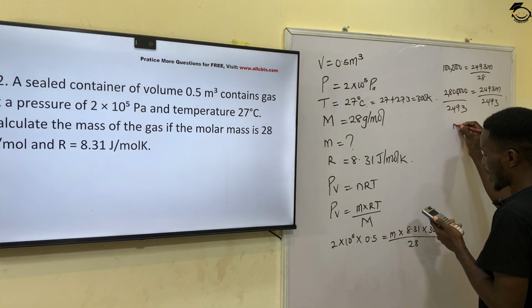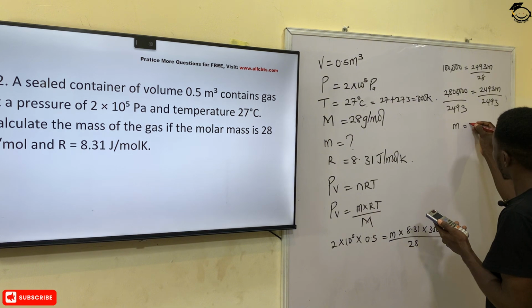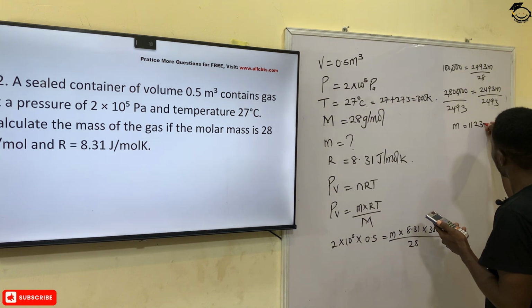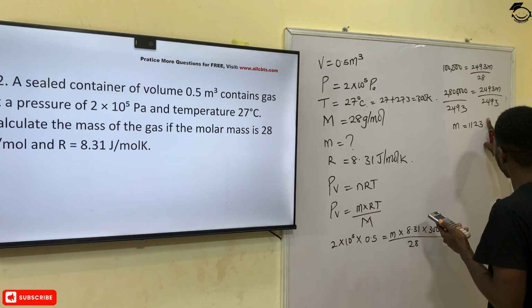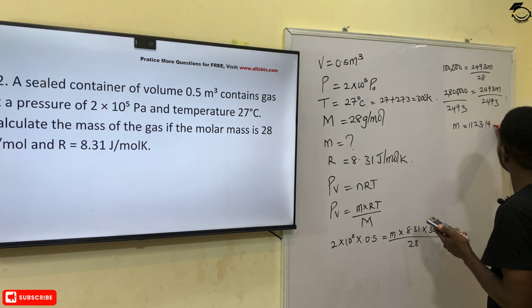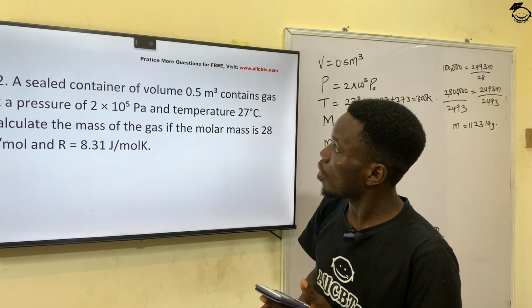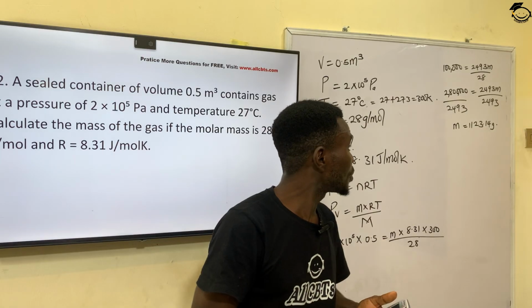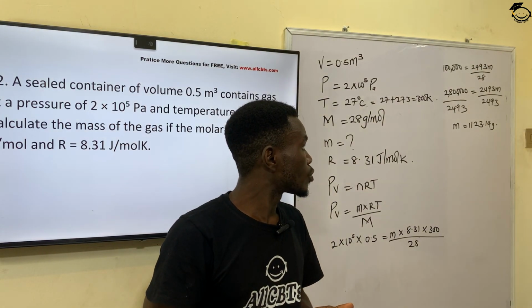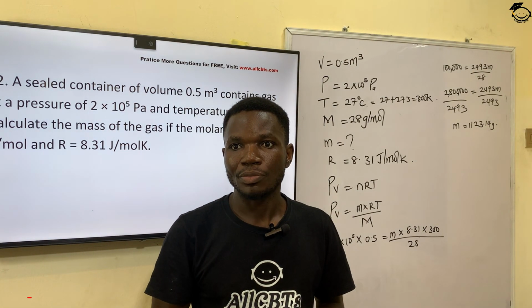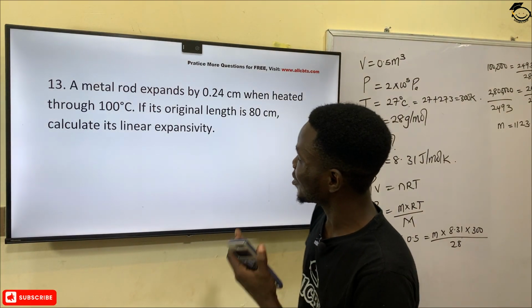This means that the mass will give me 1123.14 grams. So the mass of this particular gas is 1123.14 grams. On from there to the next question, which is question number 13.